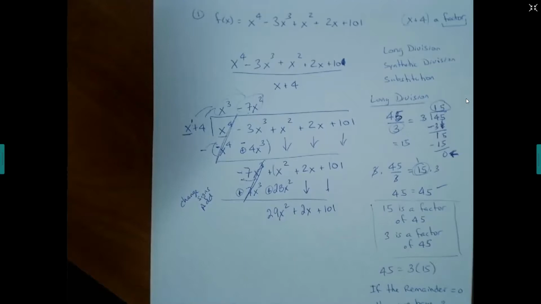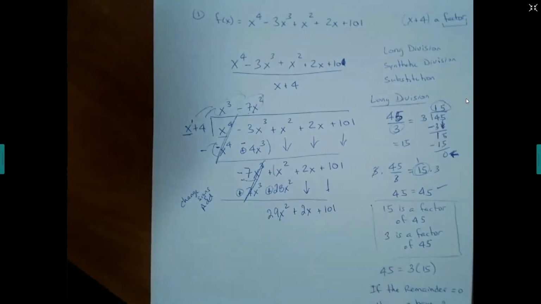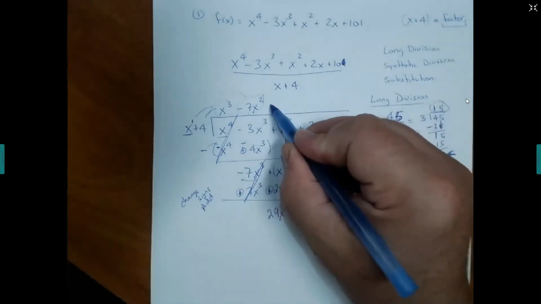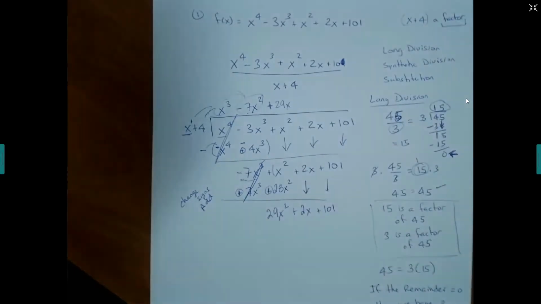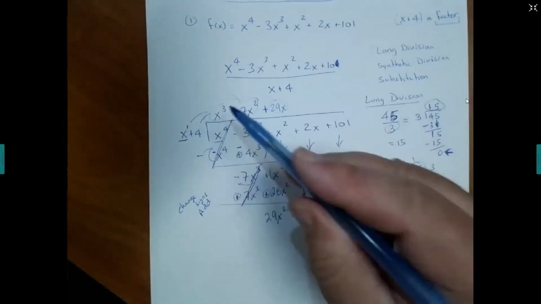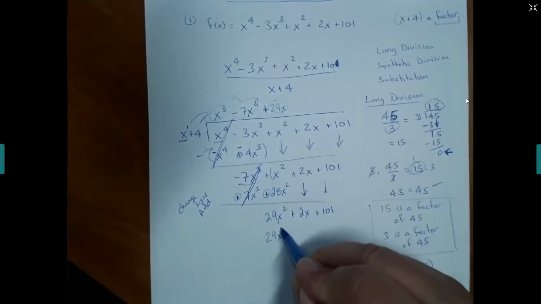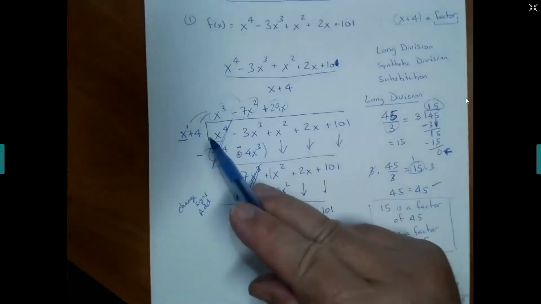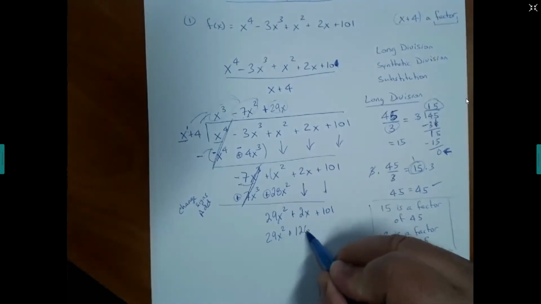Repeat the process. What times x gives us 29x squared? Positive 29x. So now I take the 29x and multiply it to the x plus 4. 29x times x is 29x squared. 29 times 4 is 116x.